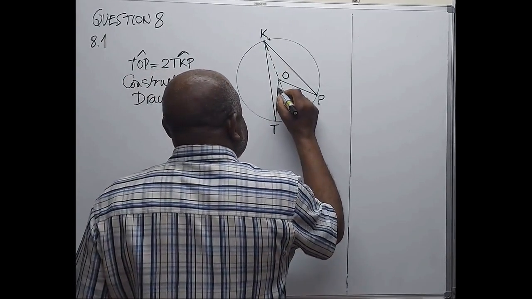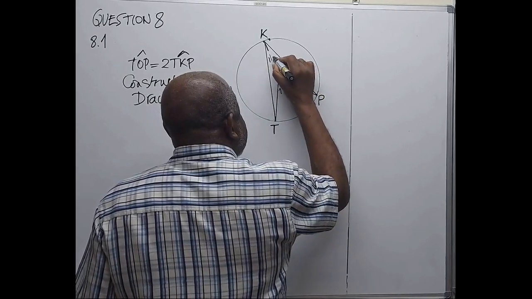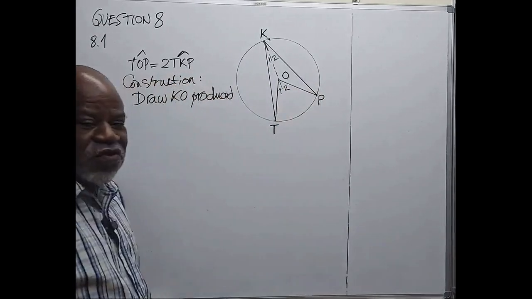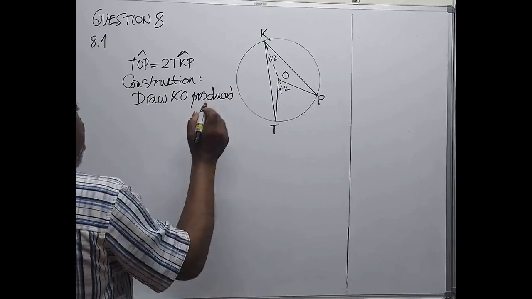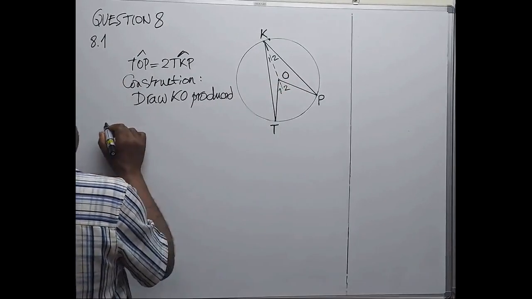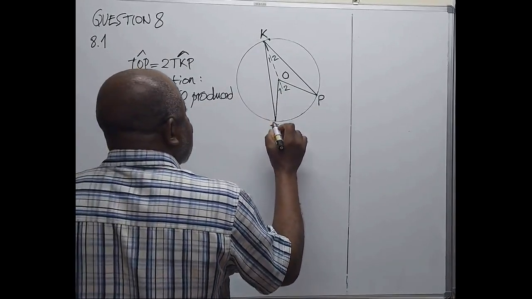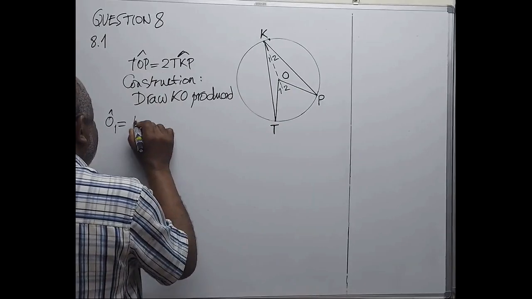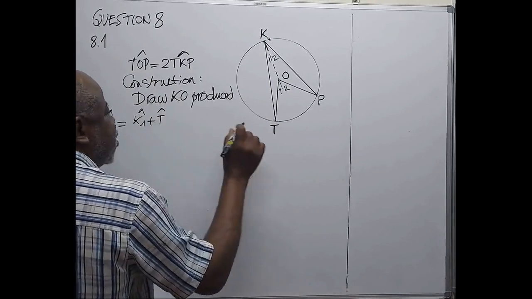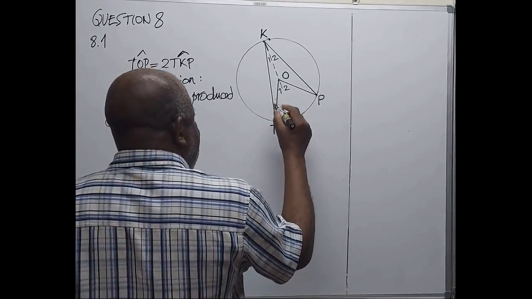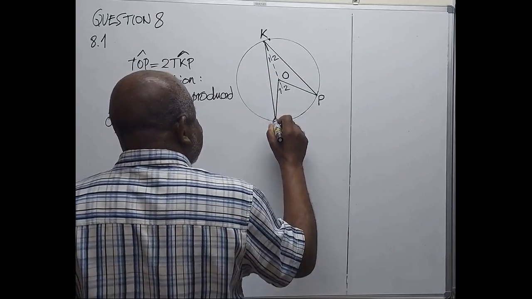I'm going to consider this as 1, this side 1, here also 1, the other side 2. So what are we saying? That O1 will be equal to K1 plus T.